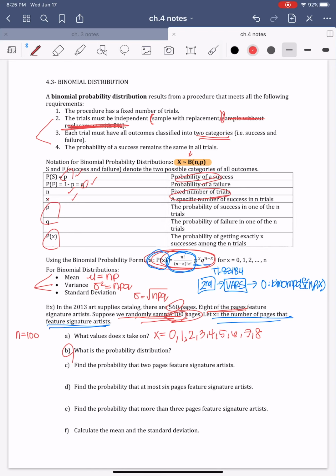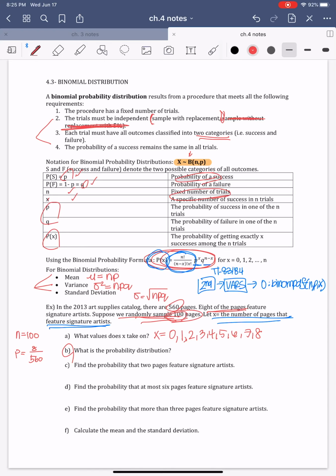Number 4, the probability of success remains the same for all trials. Each time that I open up the 100 pages, is my chance of having that signature artist the same? Yes. What is that number? Each time I open up, I'm going to have an 8 over 560 chance of getting a page that features signature artists.